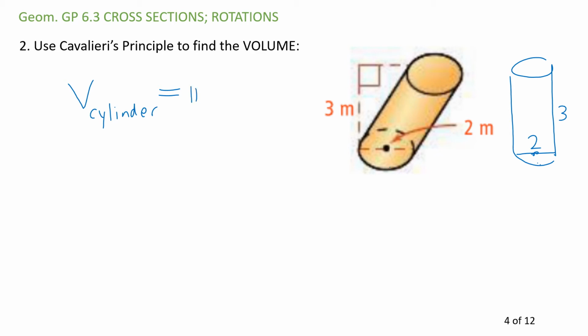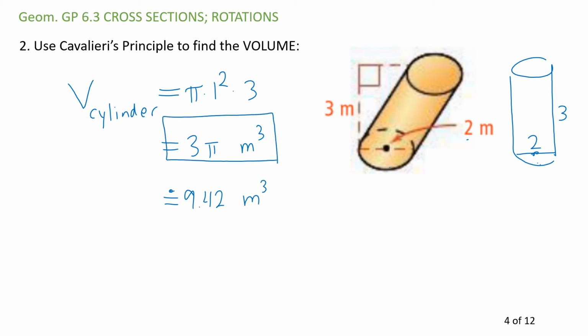So pi times r squared, remember r on this one is 1, times the height, that's just 3 pi. That's the answer, 3 pi meters cubed. And of course, if you want a decimal approximation, that's 9.42. And it's Cavalieri's principle that lets me do that.